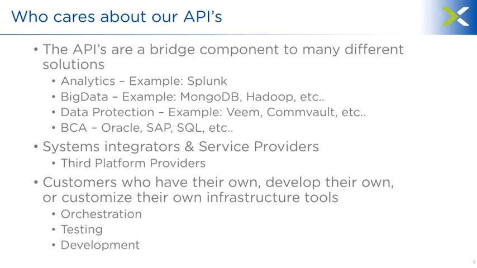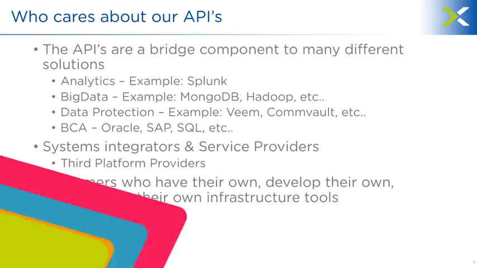And then really any customer who has their own development team who works on their own tools to monitor or manage or manipulate their own infrastructure. Companies that are doing their own versions of orchestration or testing or development. These are great solutions to inject the API conversation.